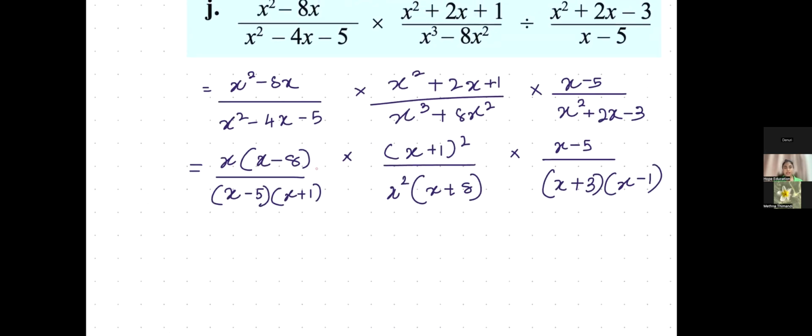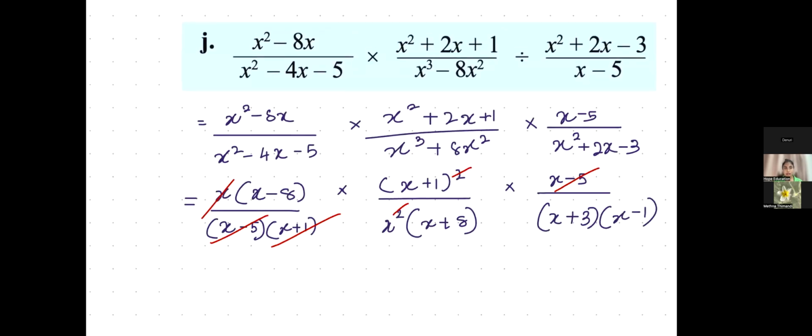What do we have? x minus 5, x minus 5. x plus 1, here I can cancel one x plus 1. Here there's one x. I can cancel one of the x squared here. Oh my bad, I made a small mistake here. There's a minus here. I was wondering why these weren't cancelling. A minus has to come there. Then that cancels too. It's a minus. Now it's very nice, no?